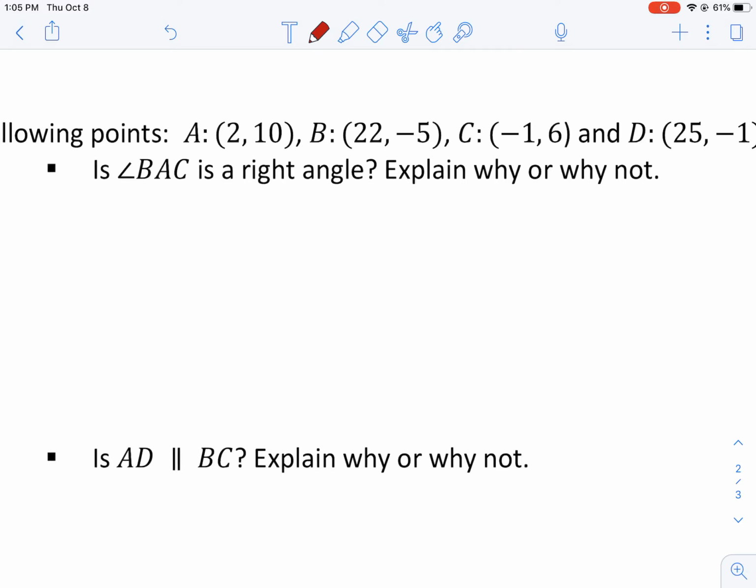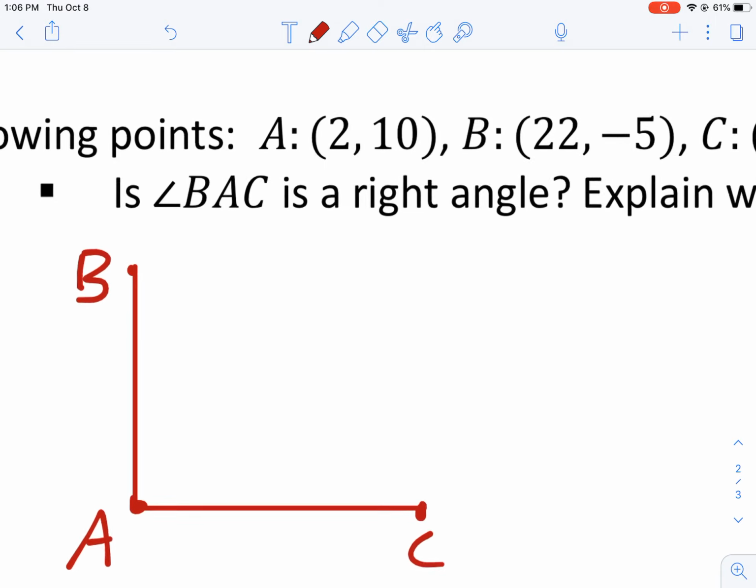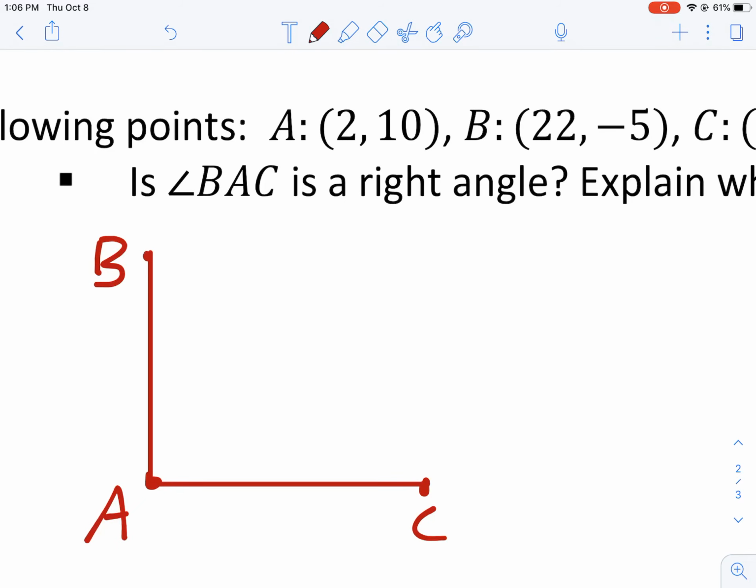So if we think about this, all right, BAC, I'm drawing it like a right angle, but we don't know if it actually is. Here's B up there. Here's A, right? Here's C. Okay, so we know all these coordinates. Even if I didn't draw them correctly, it's still fine, all right?